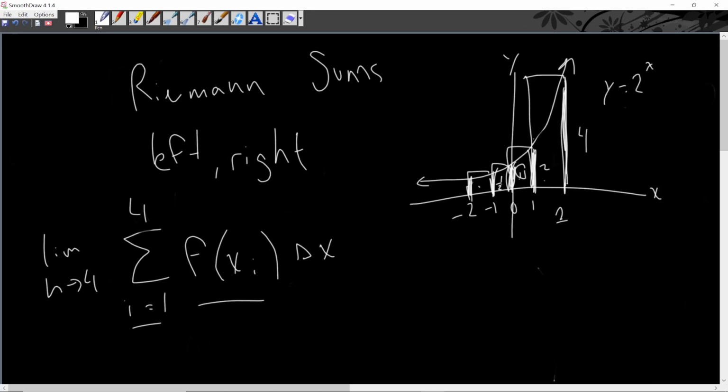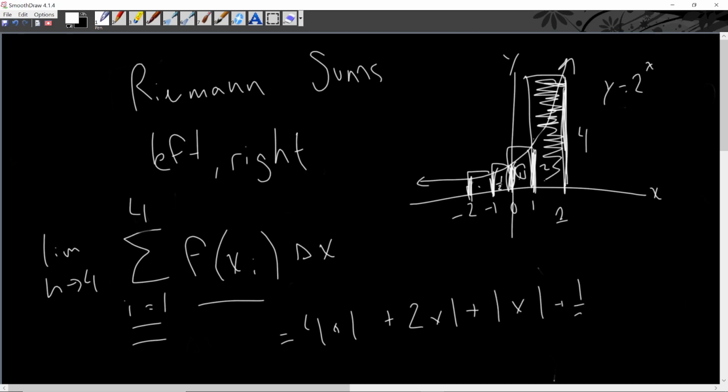We're going to do it from the right, so this is equal to 4 times 1, which is the area of this rectangle, base times height, plus, because this is a series, 2 times 1 plus 1 times 1 plus 1/2 times 1. 1/2 times 1 is the area of this rectangle, 1 times 1 is the area of this rectangle, 1 times 2 is the area of this rectangle, and then 4 times 1 is the area of that rectangle. That is going to be our 4 increments of the series.